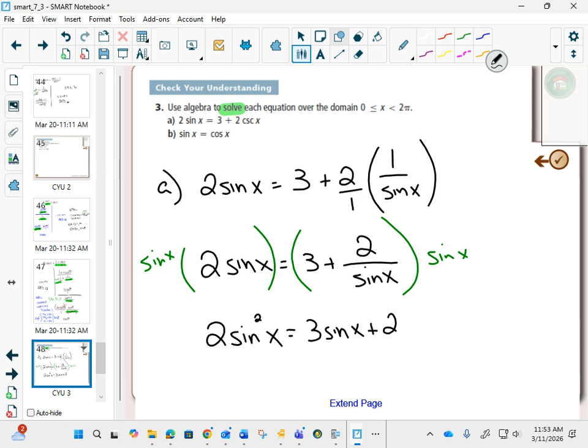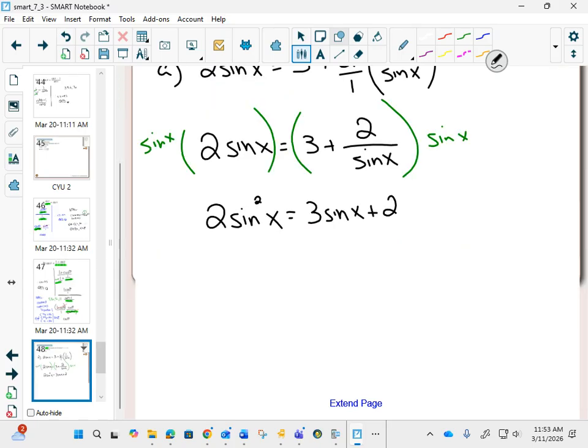Now it's a quadratic equation, also from grade 11. How do we solve quadratic equations? We make one side equal to 0. And then you'll either factor or use the quadratic formula. This one you can factor.